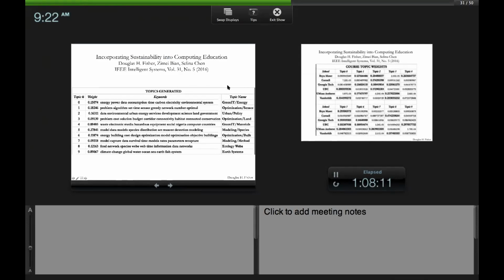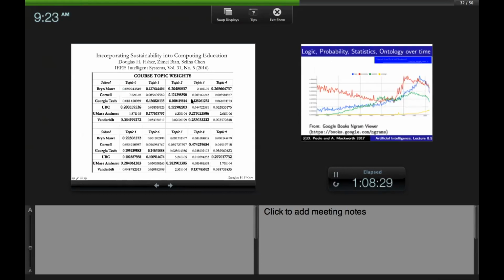It's up to some user, some expert, to assign a topic name to each topic. And so these are the set of topics that were generated from the set of all papers in these various computing and environment courses.